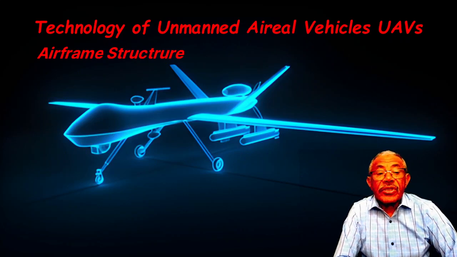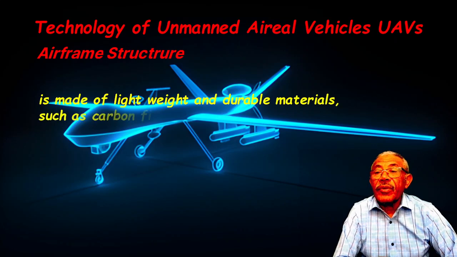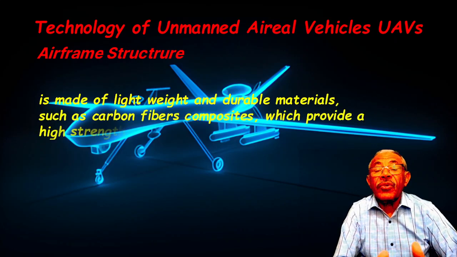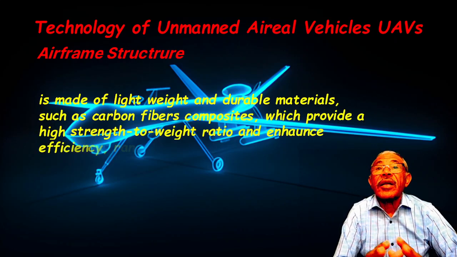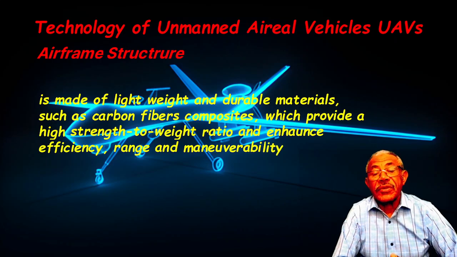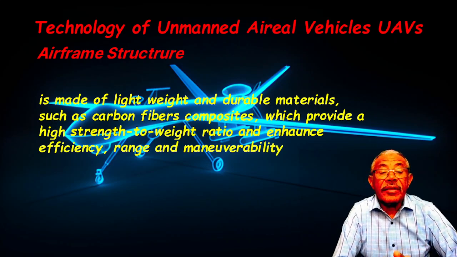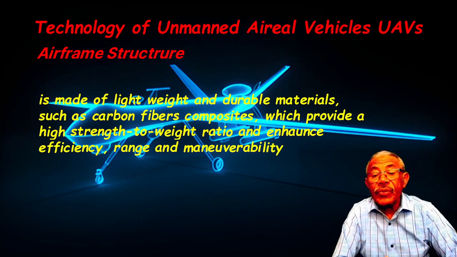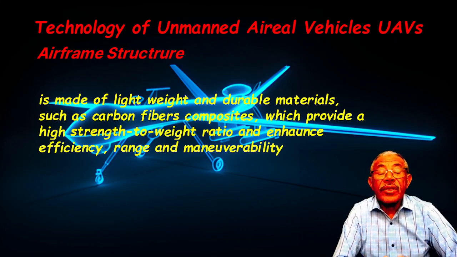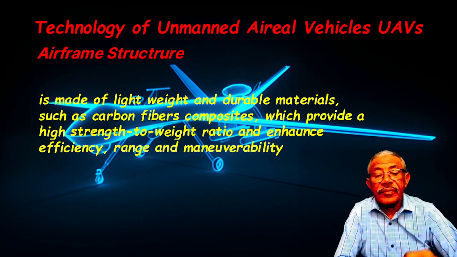The aerial frame structure of UAVs is made of lightweight and durable materials such as carbon fiber composites, which provide a high strength-to-weight ratio and enhance efficiency, range, and maneuverability.